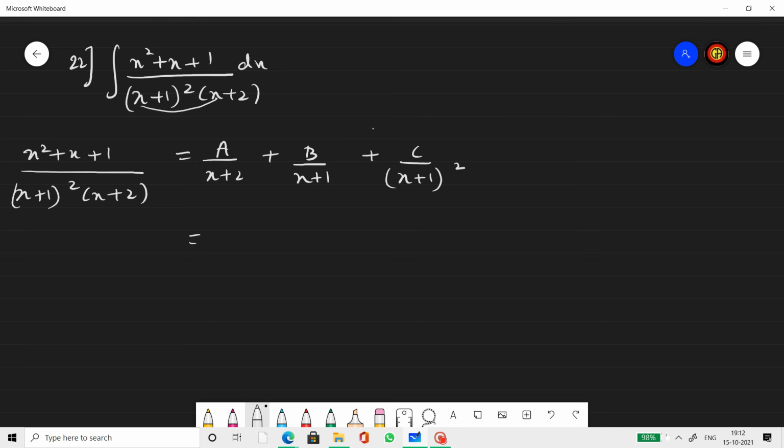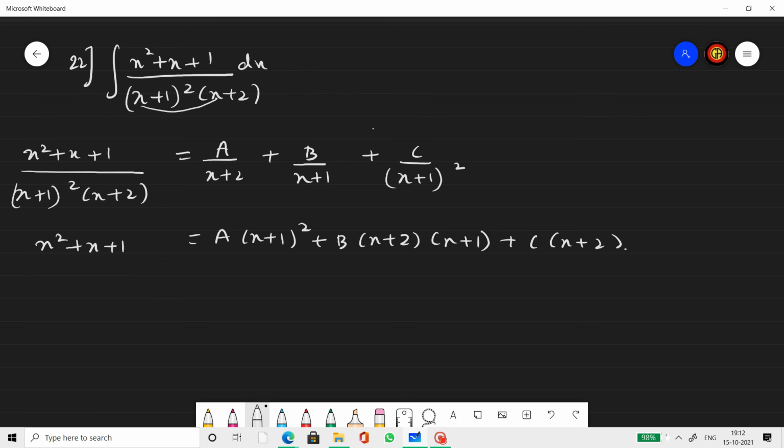Take LCM, denominator will get cancelled. So you get x square plus x plus 1 equals a times x plus 1 the whole square, plus b into x plus 2 into x plus 1, plus c into just x plus 2.